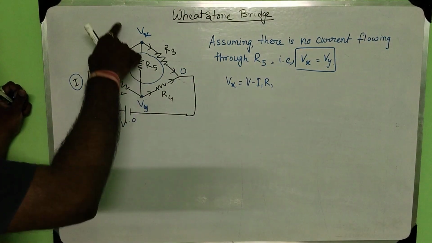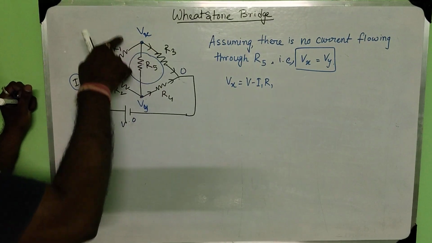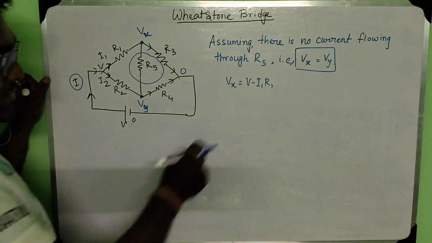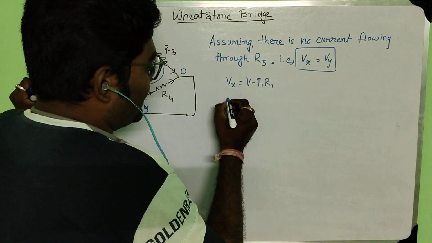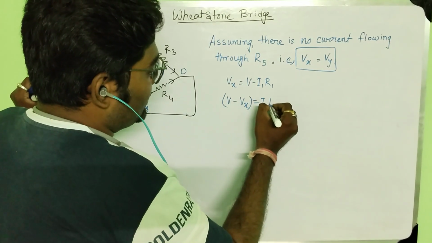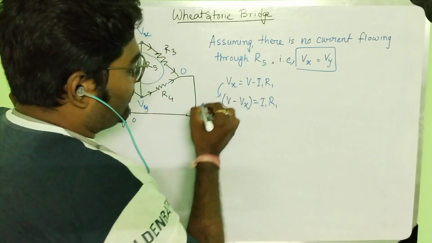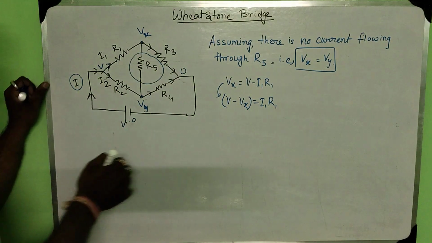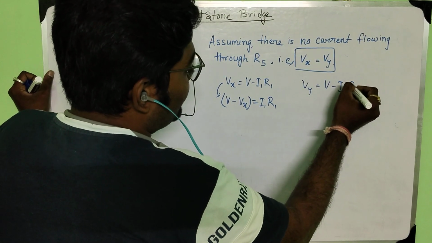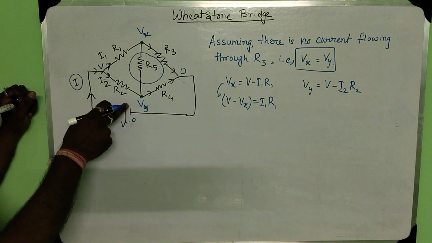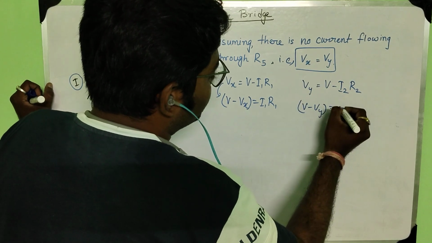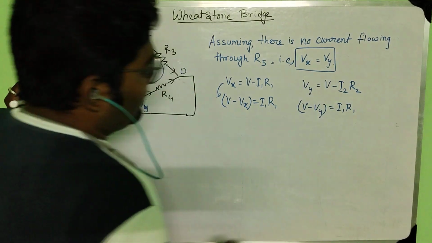Vx is actually the potential minus this potential drop, so I can write V minus Vx is equal to I1 into R1 from here. Again we can write Vy equal to V minus I2 into R2. Just now we have written that. Therefore V minus Vy is equal to I2 into R2.